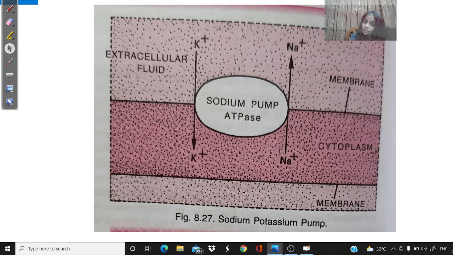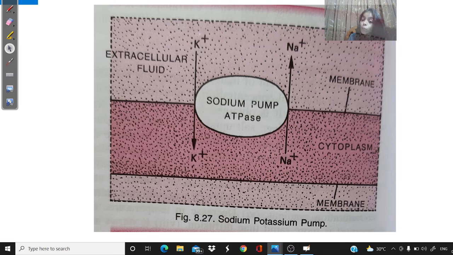Suppose glucose outside the cell is in low concentration, it needs to come in. How will it come in? It needs energy, so it will utilize this energy and come in. Why is it written ATPase? ATPase is an enzyme which cleaves ATP, which hydrolyzes ATP and releases energy.